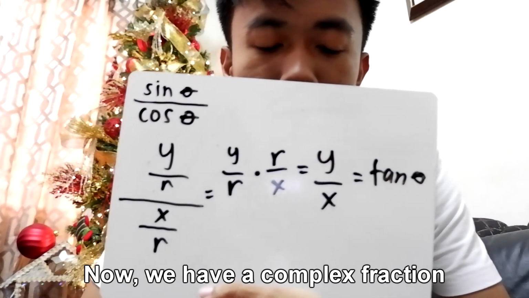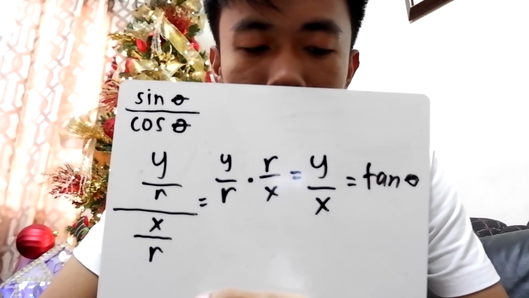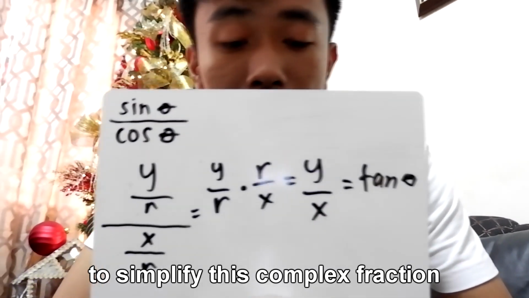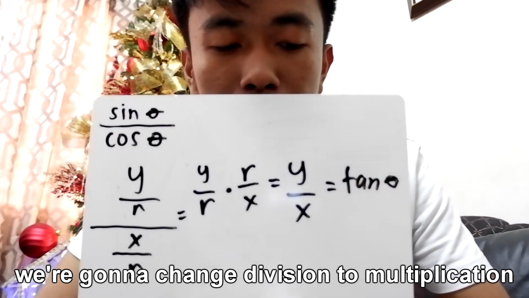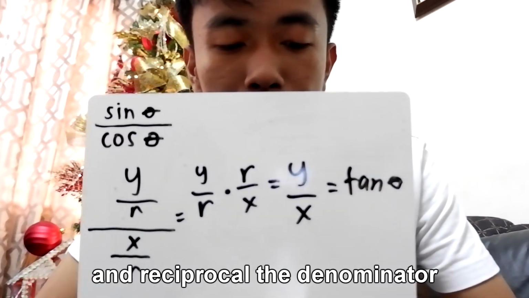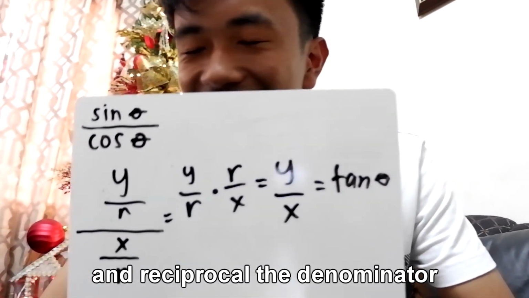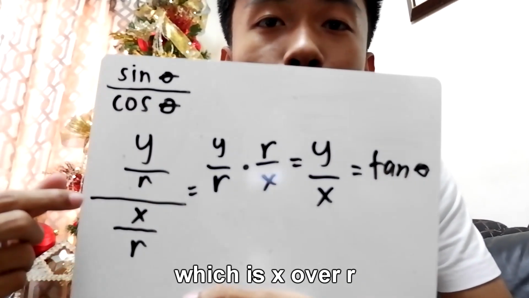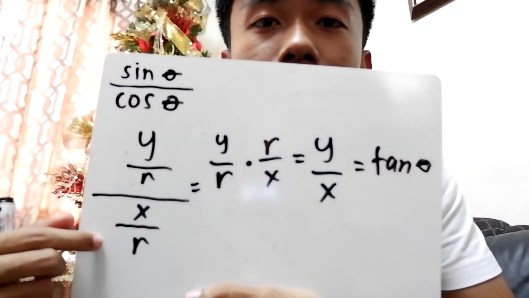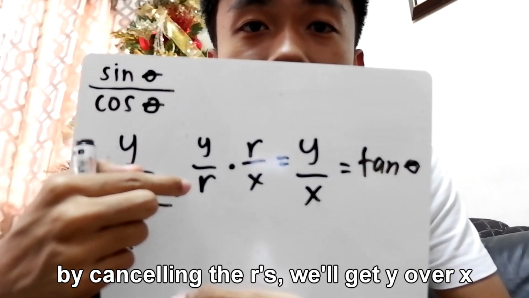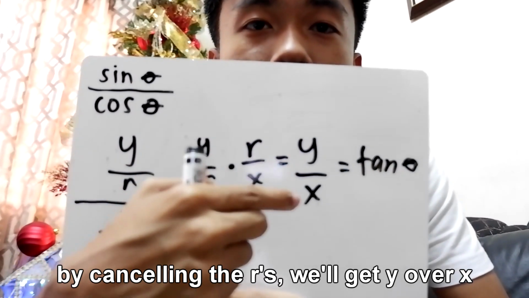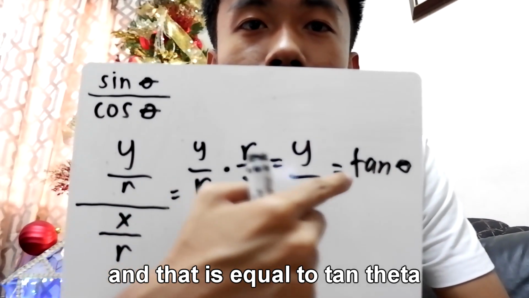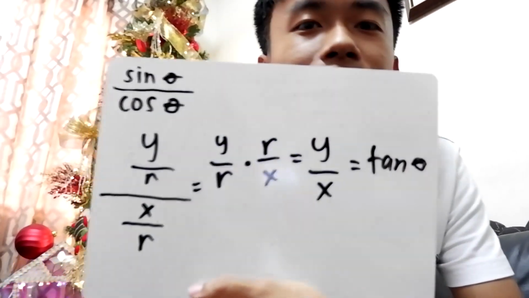Now, we have a complex fraction. To simplify this complex fraction, we're going to change division to multiplication and reciprocate the denominator, which is x over r. By cancelling the r's, we'll get y over x, and that is equal to tan theta.